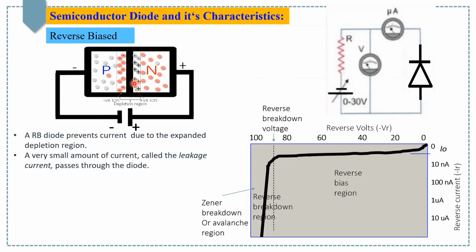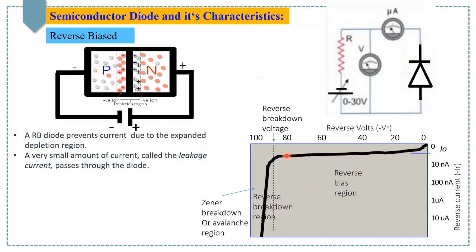Now, if you look at the IV curve in the case of reverse bias, when reverse voltage is applied across a diode, there is only a small reverse current through the junction. As the reverse voltage increases from 0, the reverse current reaches its saturation value, which is I naught. By further increasing the reverse voltage, the reverse current remains constant.